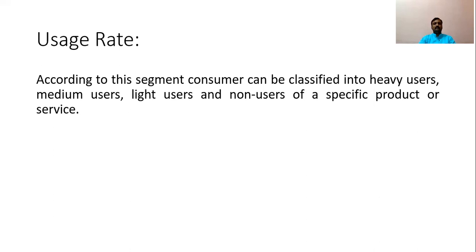Medium users are fewer than heavy users and more than light users. Light users very rarely purchase the products or services. And non-users means nobody is using the products or services. These are the types of users that can be available in the market. So how often they use these products is called usage rate.